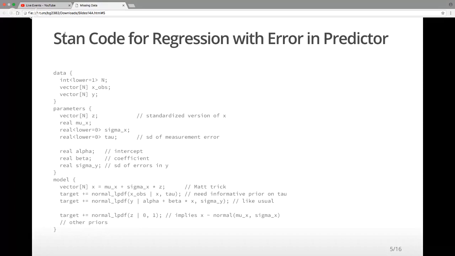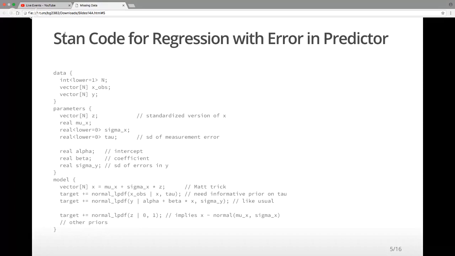So this sigma x is basically the standard deviation of true x in the population: how much your x differs from somebody else's true x. Tau pertains to how well or poorly we measure your x and everybody else's with our measuring instrument.